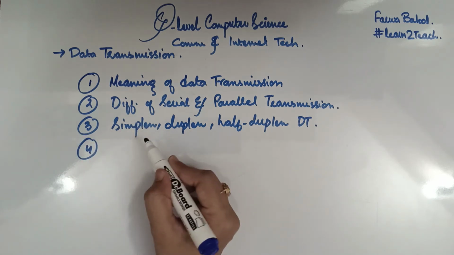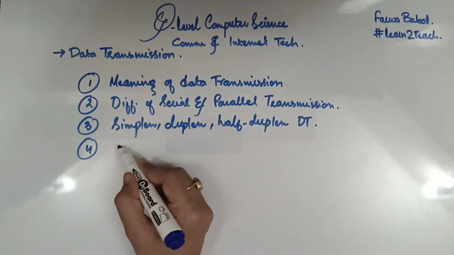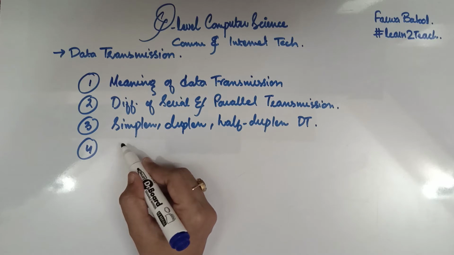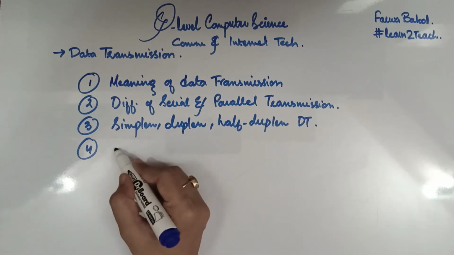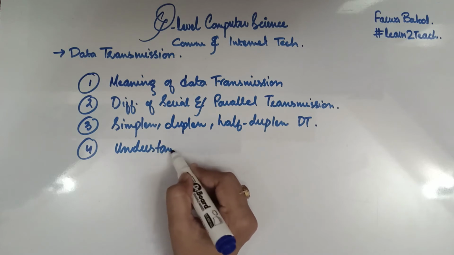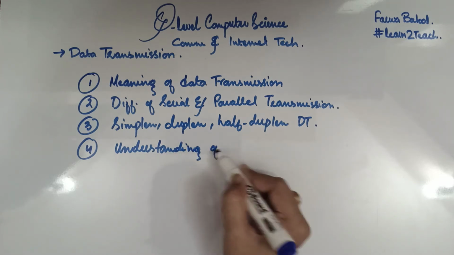Now the fourth thing is that you must have an understanding of the reasons for choosing serial or parallel data transmission. What I mean is that you must know in what cases we are going to prefer serial or parallel data transmission.